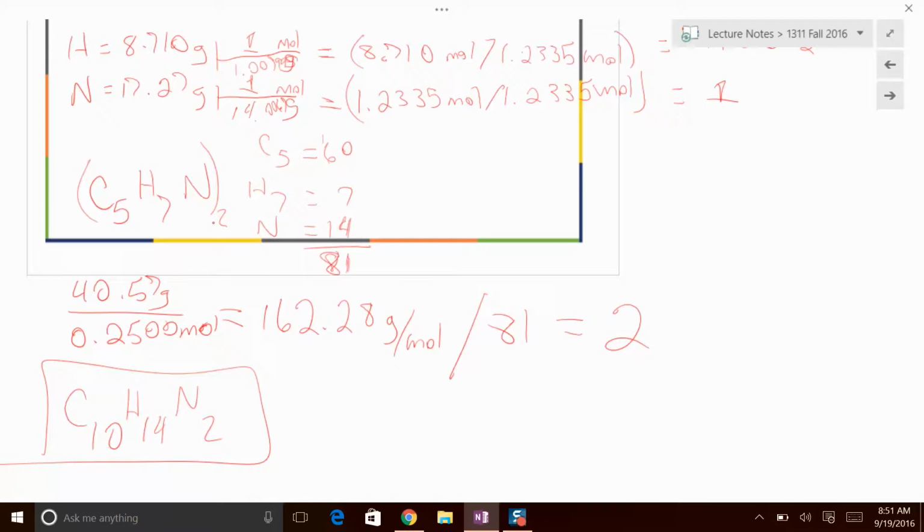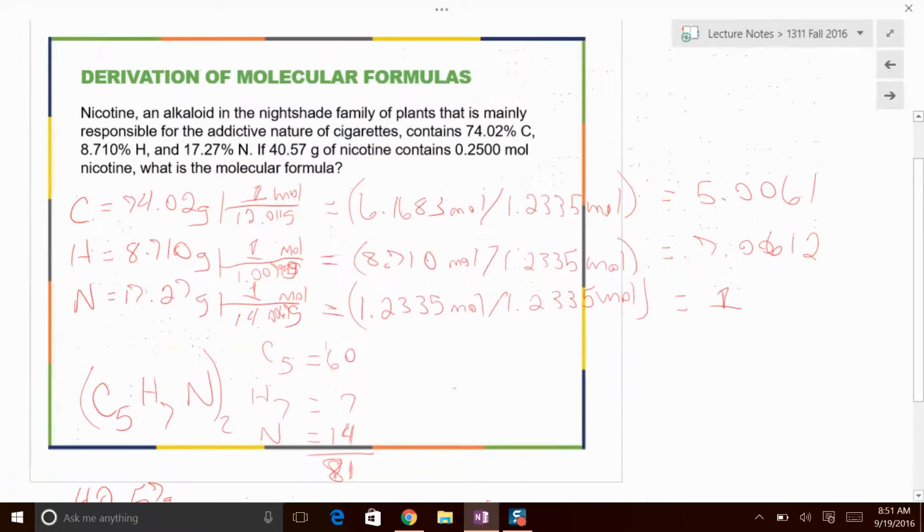That's my molecular formula. Oh, yeah, it's up in the question right here. You have a 40.57 gram sample of nicotine, and it contains this many moles of nicotine. So that's how I found the molecular mass.